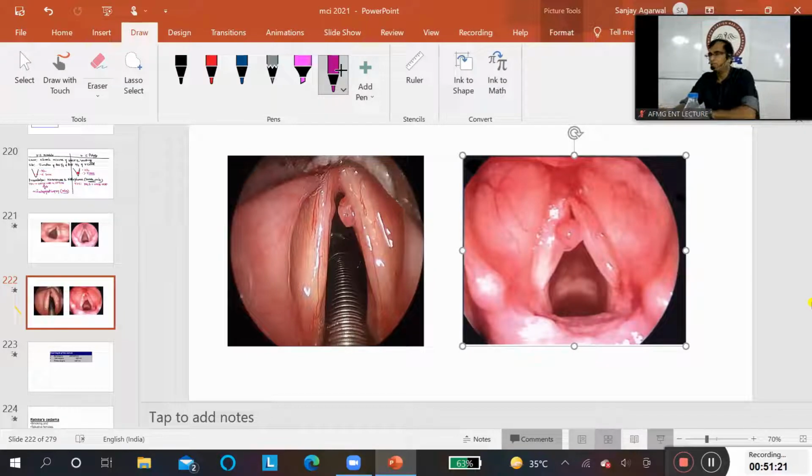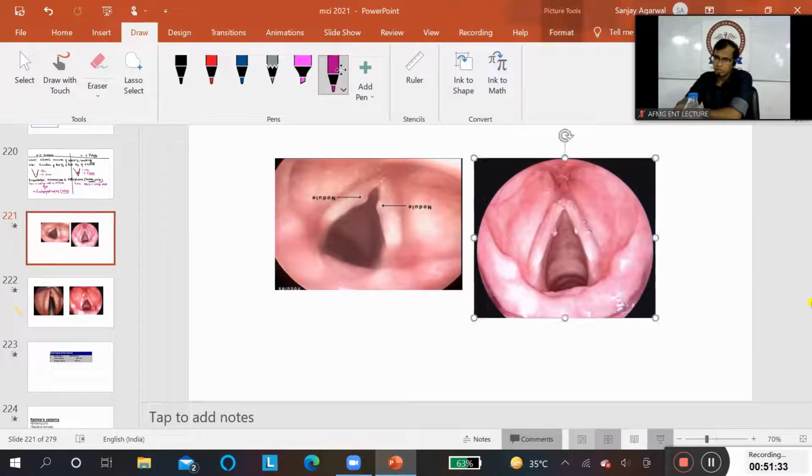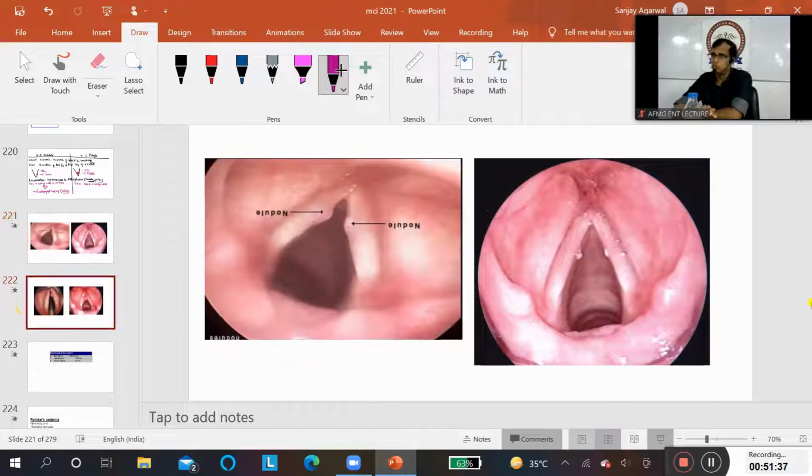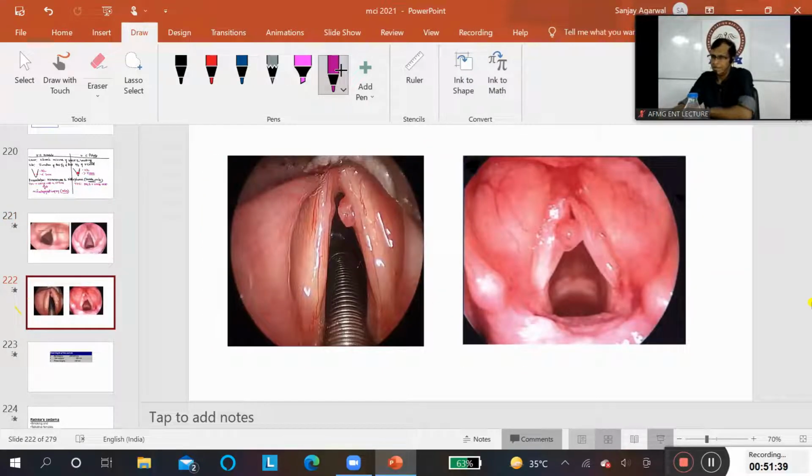We can make out they are both on one side only, much bigger than the nodule, but the location is the same, anterior 1/3 and posterior 2/3 junction. So when you see the image of nodule and polyp, I think it is easy to identify.